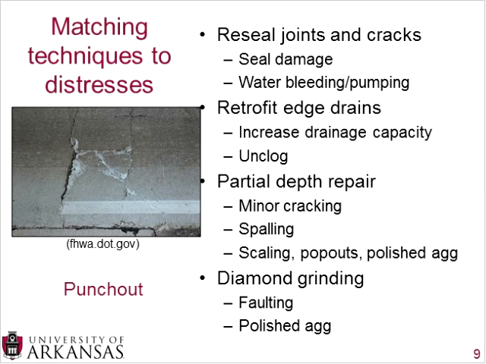A very important preservation technique for Portland cement concrete pavements is making sure those edge drains are not clogged. Obviously, when you're talking about water moving through these pavement layers, a lot of silt and a lot of fines can accumulate, and these can actually clog, which causes significant problems with future drainage.